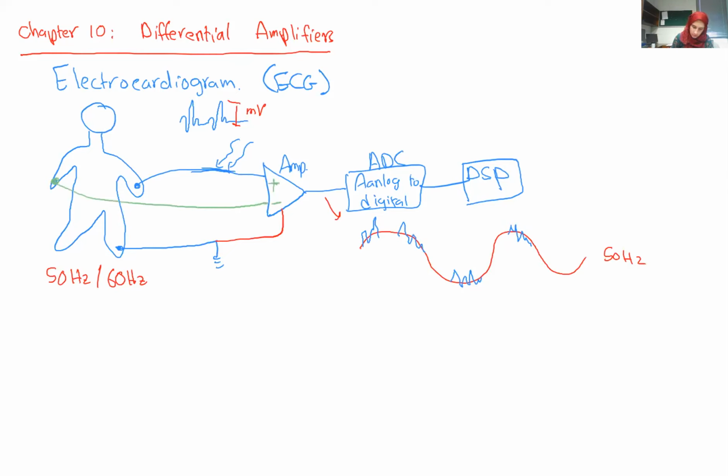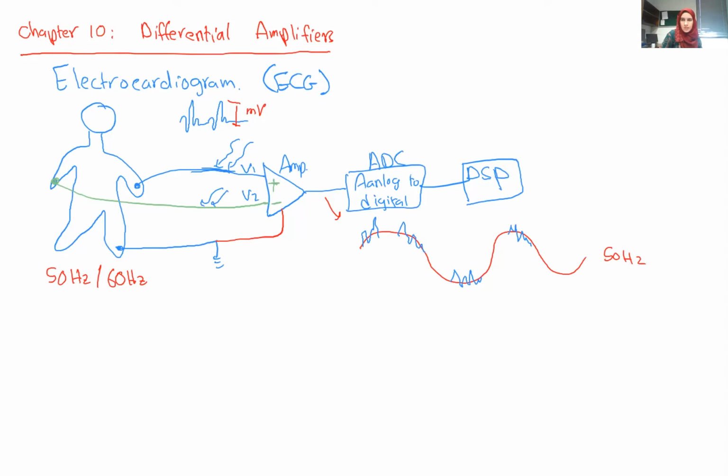If both sides are prone to the same noise coming from the lines, so if we have equal noise on this, let's call this V1, and this V2, we are amplifying the difference between V1 and V2. So we are going to subtract this noise. This noise is going to be removed.